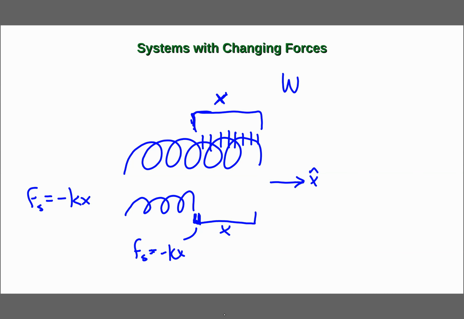And then we can say that the work done over this tiny distance is the force of the spring times dx, this little tiny distance, okay? And then we have an approximation for the work done. But then we could do it for the next little tiny distance, right? And for the next little tiny distance. And for the next little tiny distance, until we add them all up and we've done this whole distance x, okay?